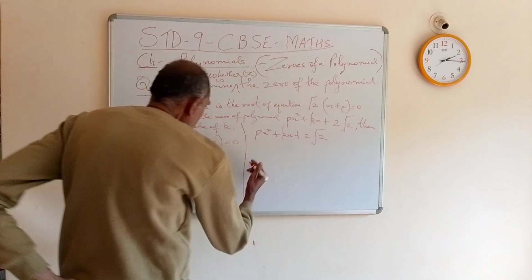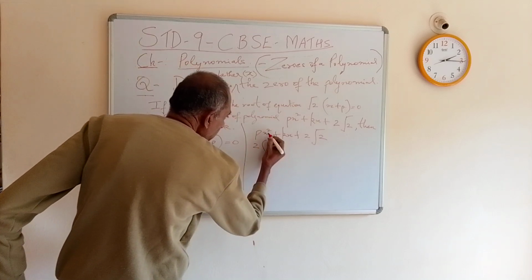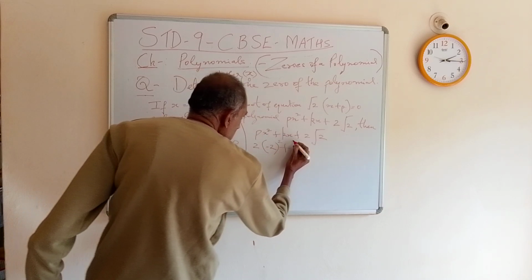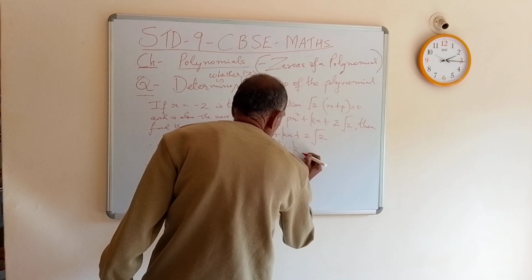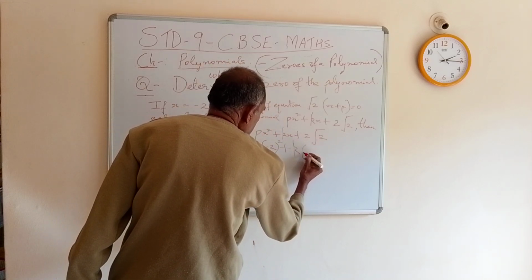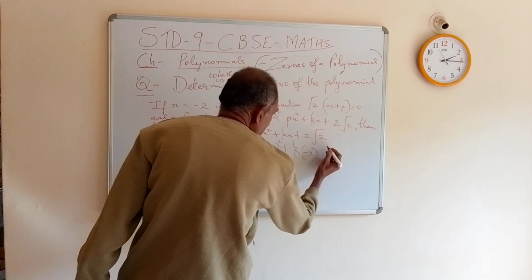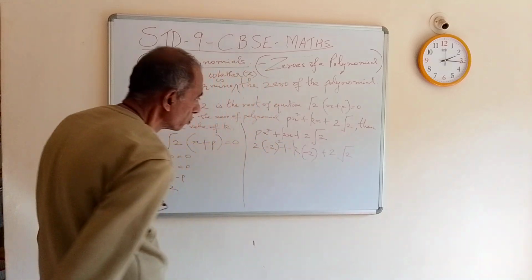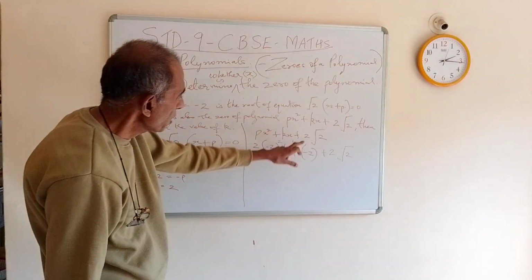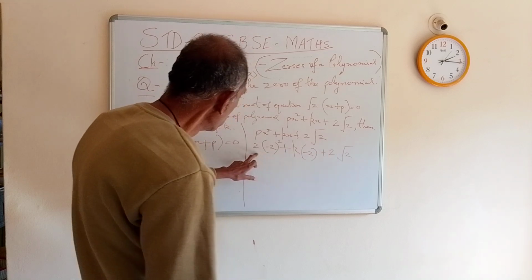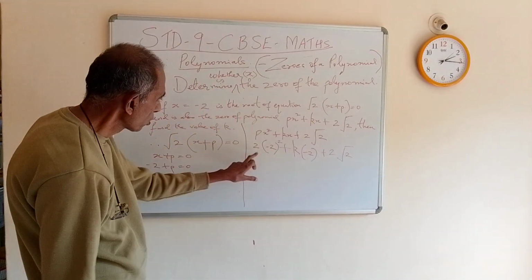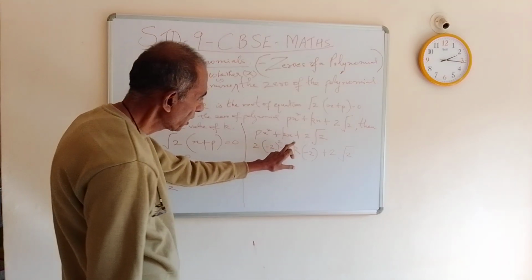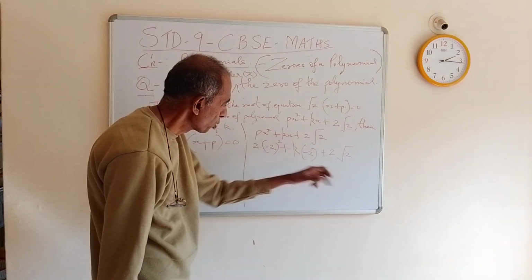So now we know p is 2, into bracket x is minus 2, so minus 2 bracket square, plus we have to find the value of k, so it is k, x is minus 2 again, so minus 2, plus 2 root 2. Got it? px square plus kx plus 2 root 2, p is 2 and x is minus 2. So 2 into bracket minus 2 bracket square plus k into minus 2 plus 2 root 2.